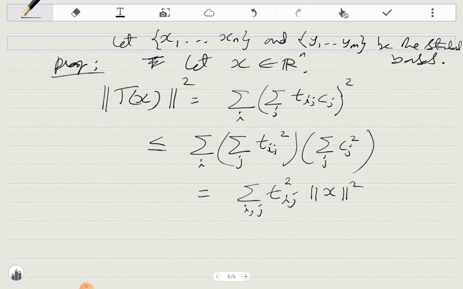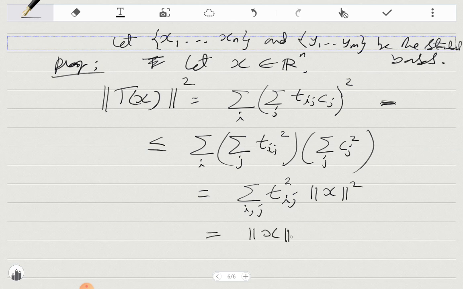Because one is working with the standard basis, this sum of cj squared is just the norm of x squared, the standard Euclidean norm. And in fact, even the first line, norm Tx squared, is given by this expression here, because we are working in the standard basis. So what did we conclude?